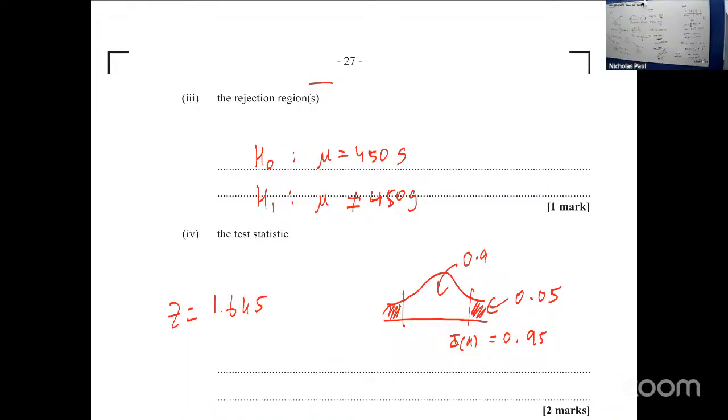Z is less than minus 1.645 or Z is more than 1.645, or I would write modulus of Z is more than 1.645.